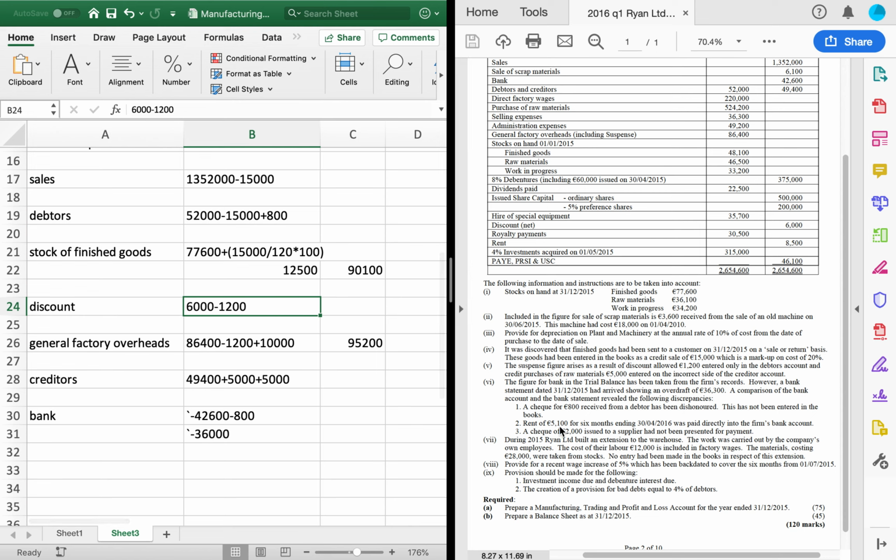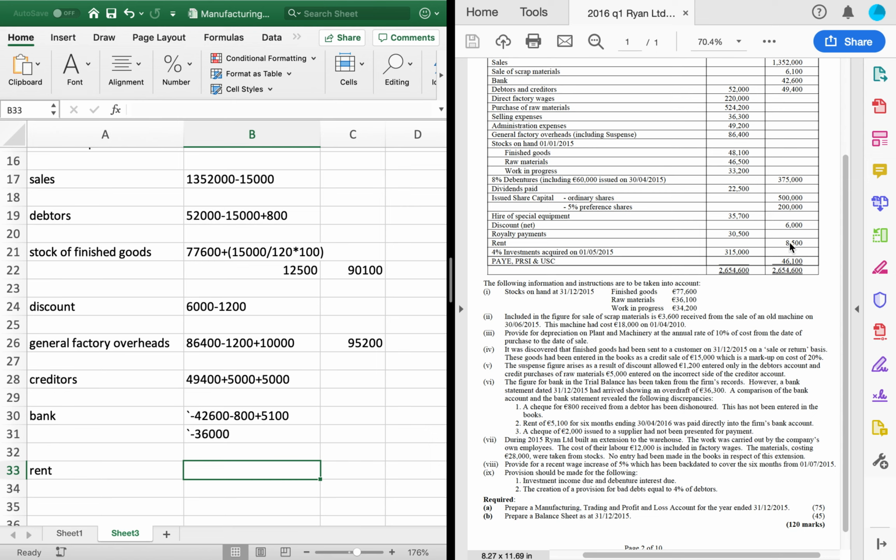Second one, 5,100 for 6 months rent, ending 30th of the 4th, was paid directly into the firm's account. So again, we didn't know about it. So we've received 5,100, and it's paid directly into our account. So it's for 6 months up to the 30th of the 4th, 2016. So it's really only for 2 months this year.